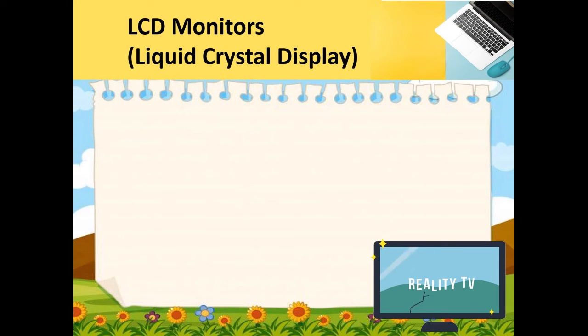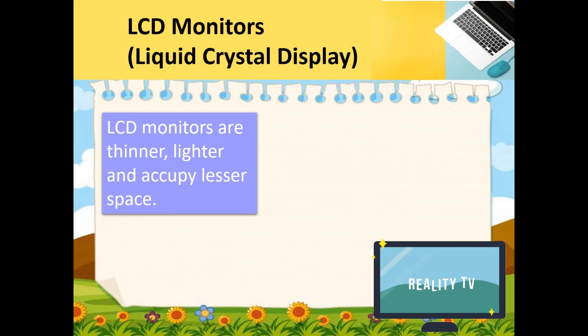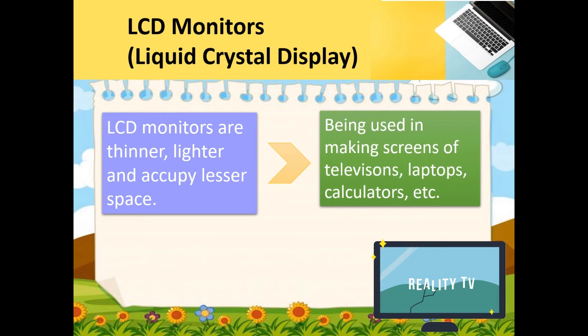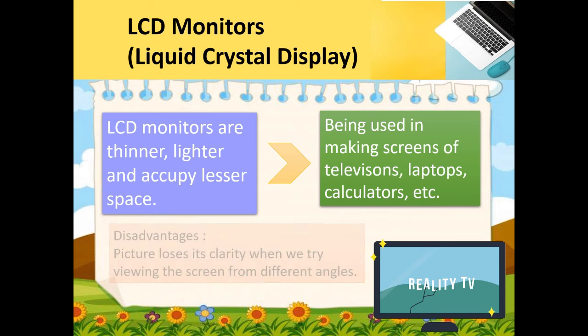The second one is LCD monitors, or we can say liquid crystal display. LCD monitors are thinner, lighter, and occupy less space. They are used in making screens of televisions, laptops, calculators, and so on.